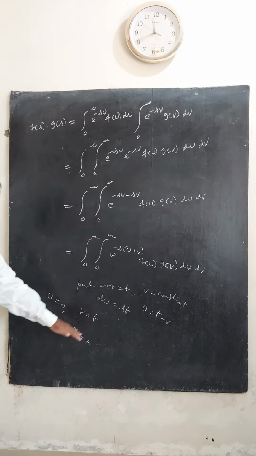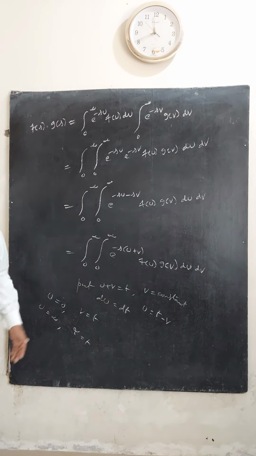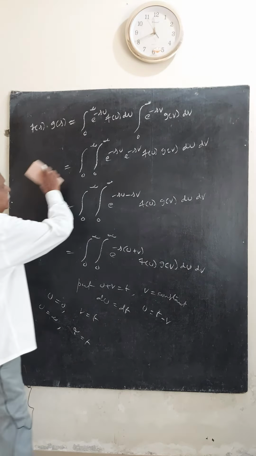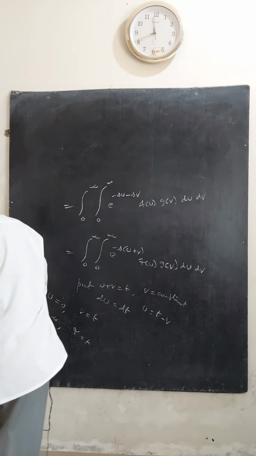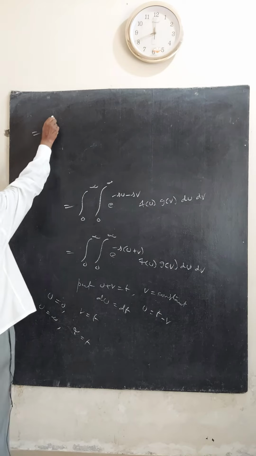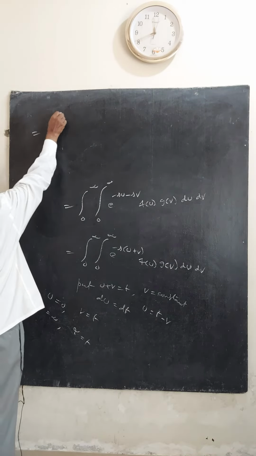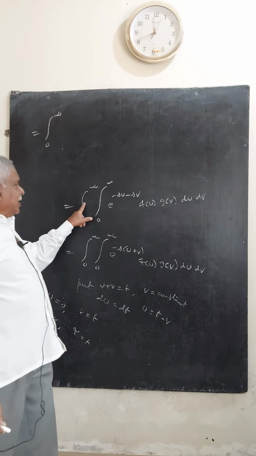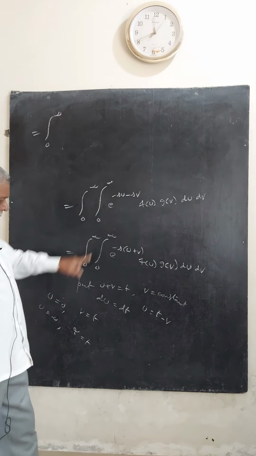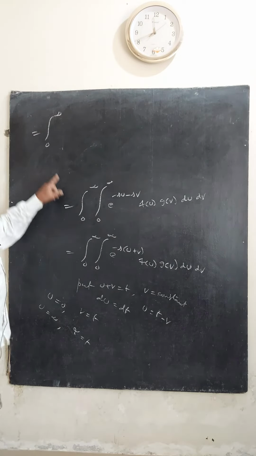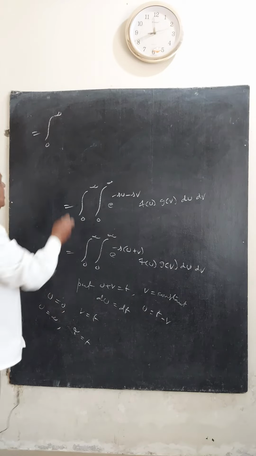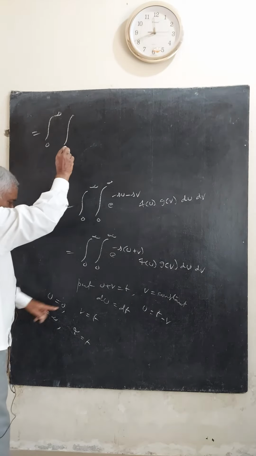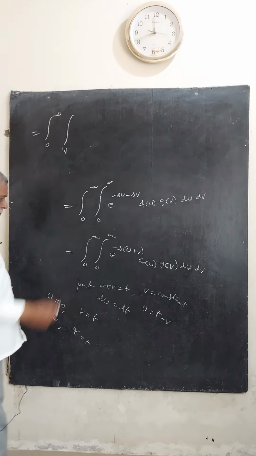We are applying all this in this integral, which now belongs to v only, and the other integral changes to t. Our lower limit is 0, which means t equals v.